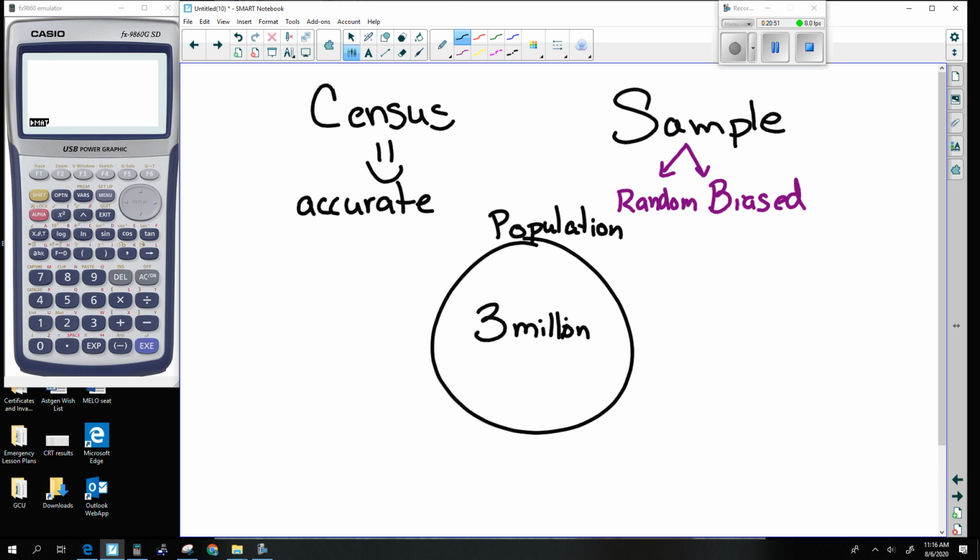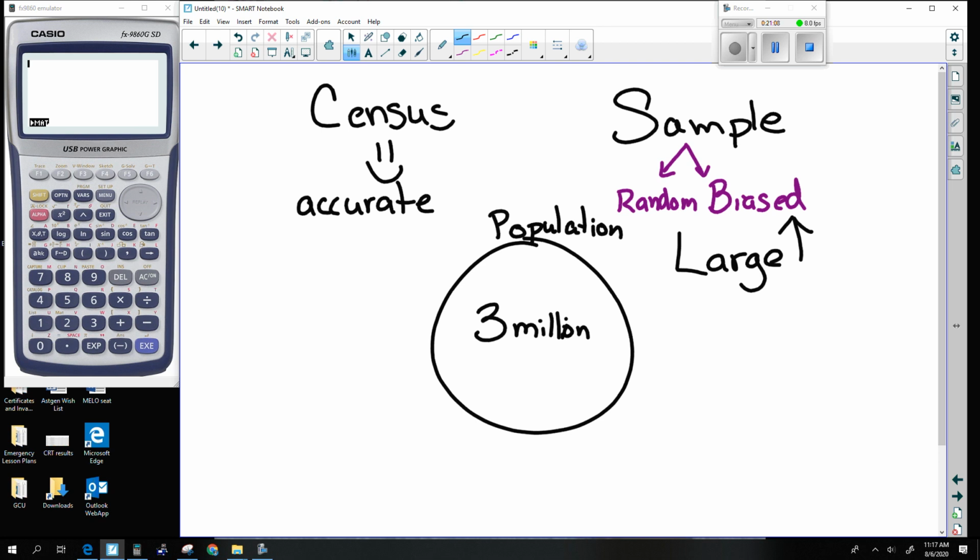Are you going to ask that question 3 million times to get your answer? No, that's silly. So when the population is large, that's when you want to do a sample.